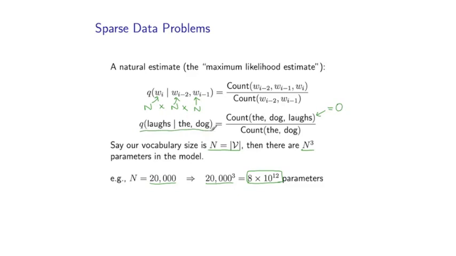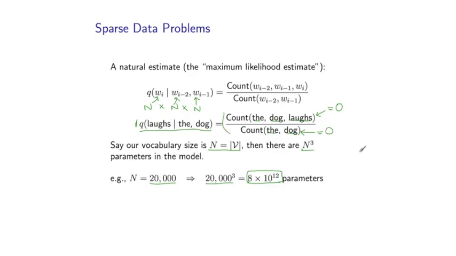That's problematic because there are so many trigrams possible, maybe 8 times 10 to the 12, that just because we see a trigram 0 times in training doesn't mean that we should say this estimate is equal to 0. Worse still, in some cases, this denominator may be 0. Maybe I've never seen the words the followed by dog. And in that case, this ratio is completely undefined, and the estimate really falls apart.